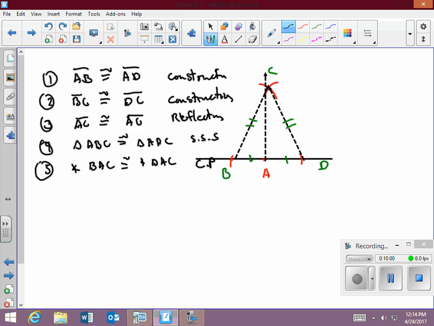And then we're trying to prove perpendicular. So the measure of angle BAC is equal to the measure of this angle, is equal to 90 degrees. That'd be the definition of a straight angle.